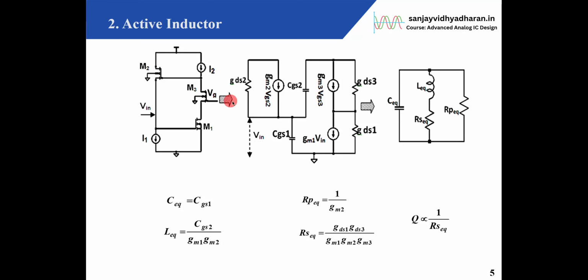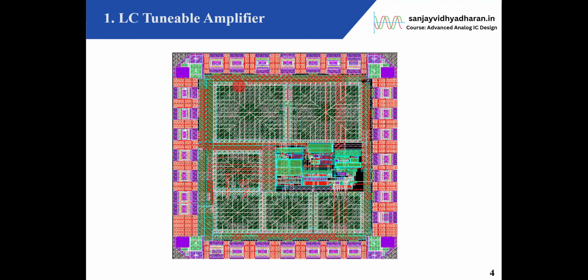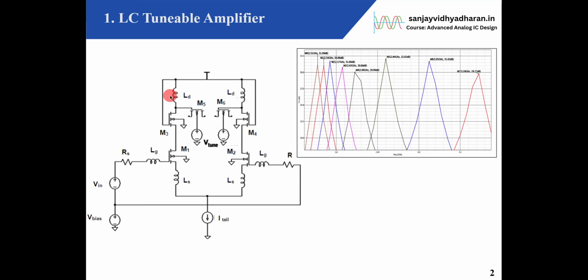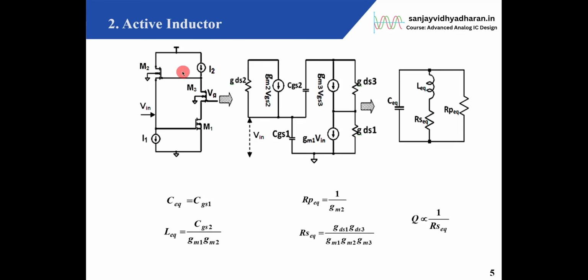So now we have something known as an active inductor. Instead of having an LC like this together, this LC tank circuit can be implemented using an active inductor. So this is the circuit. If you see here, the input is given, and this entire thing acts like a tank circuit.